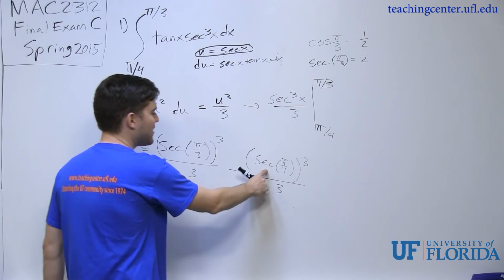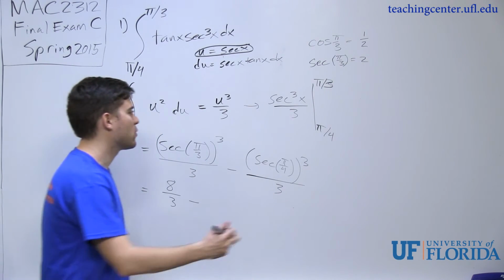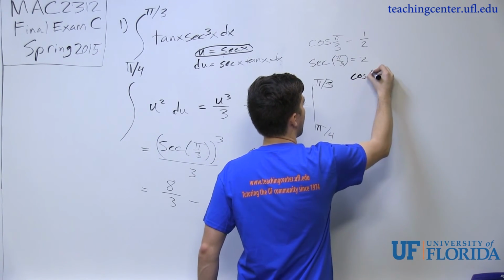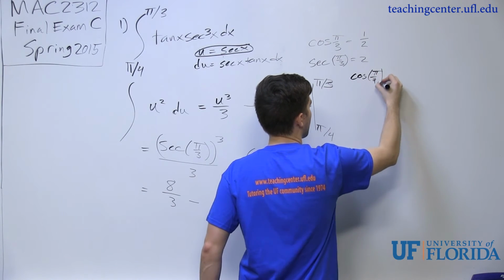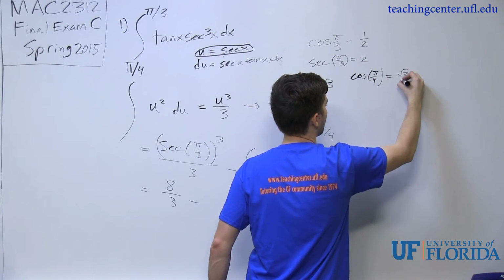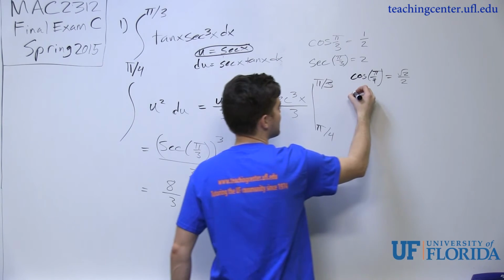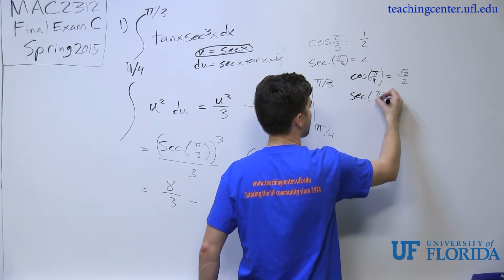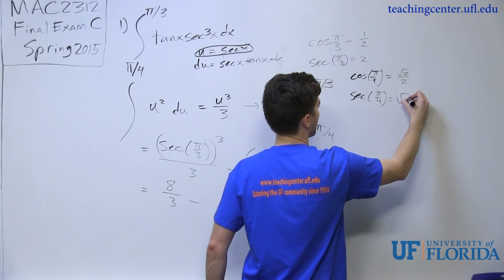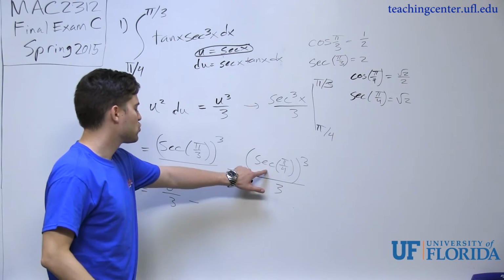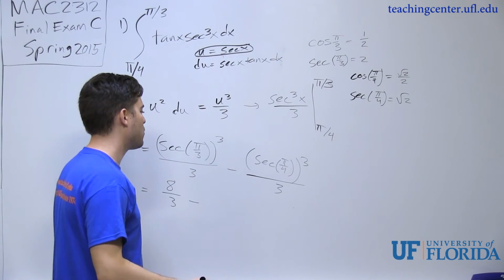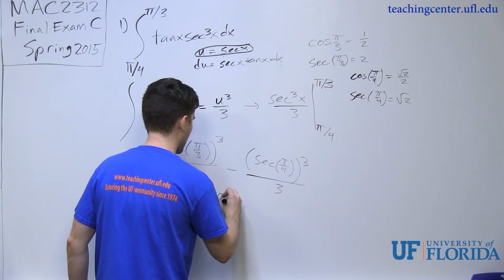Minus, I need to figure out now what secant of pi over 4 is. So again, I know that cosine of pi over 4 is equal to square root of 2 over 2. So that means that secant of pi over 4 is equal to square root of 2. So if I go ahead and cube that, I end up with 2 square root of 2.